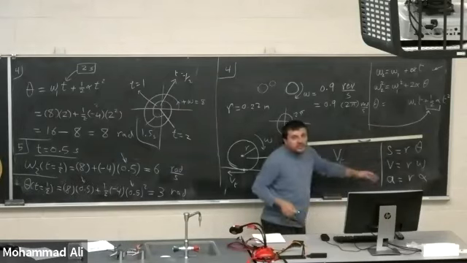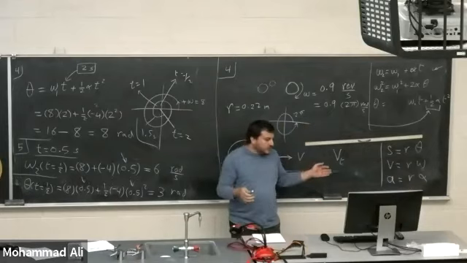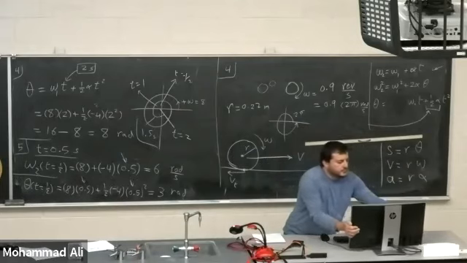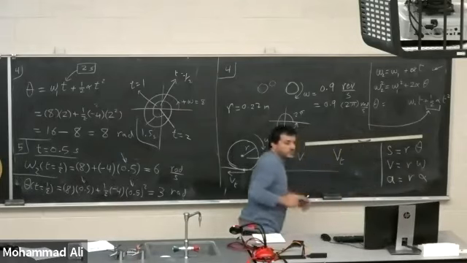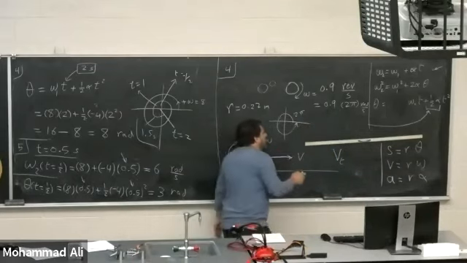So the linear quantity is equal to the radius multiplied by the angular quantity. What's the velocity? It's R multiplied by omega.